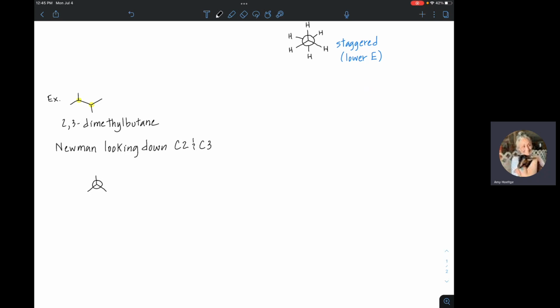On carbon 2, we see that we have a methyl group. So I can put that, say, up here. The other bond that we have coming off of carbon 2 is going to be another methyl group, right? So that would be carbon 1.